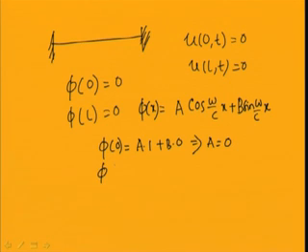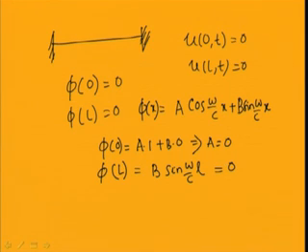Similarly, phi l: as a equal to 0, phi x becomes b sin omega by c x. Now, substituting x equal to l, this is equal to b sin omega by c l equal to 0.